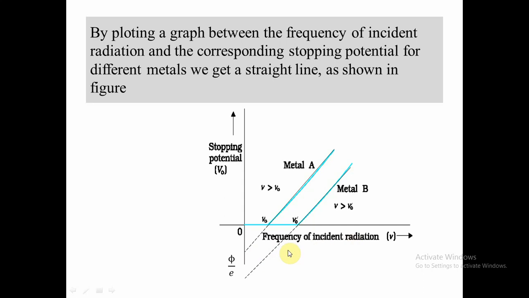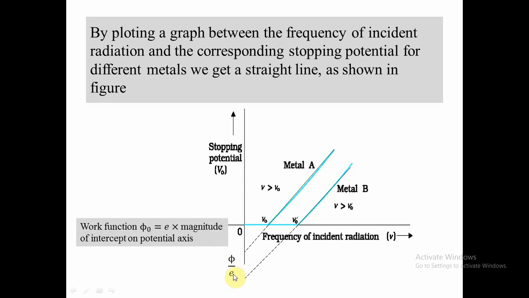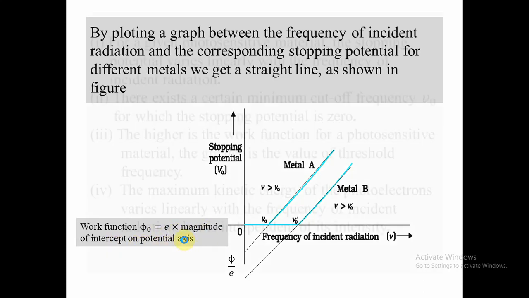Along the x-axis we have chosen the frequency of the incident radiation, and along the y-axis we have chosen the stopping potential. For different metals they have different cutoff frequencies. As we further extend these lines backward, these lines intercept the negative y-axis, which is denoted by phi by e. The work function is e into the magnitude of the intercept of the potential axis.